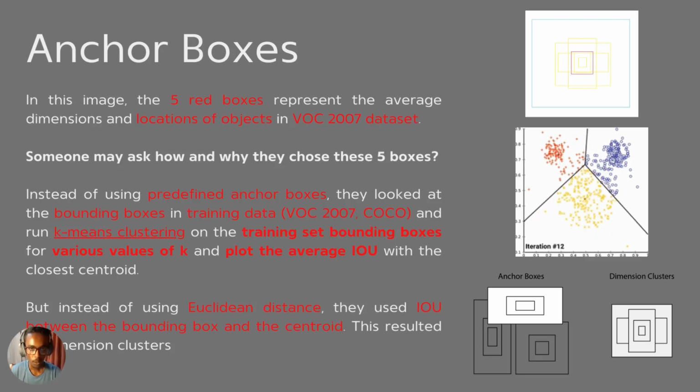So they're going to plot the IOU of the different predicted bounding boxes from the Pascal VOC dataset. And by using the k-means algorithm, they are going to select centroids and divide these predicted bounding boxes into different groups.